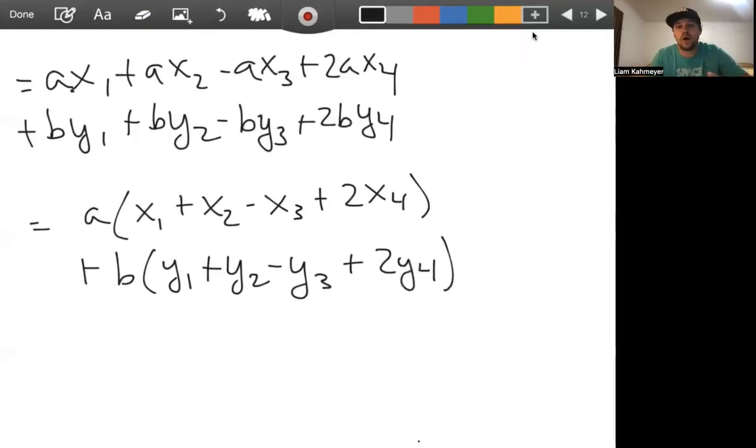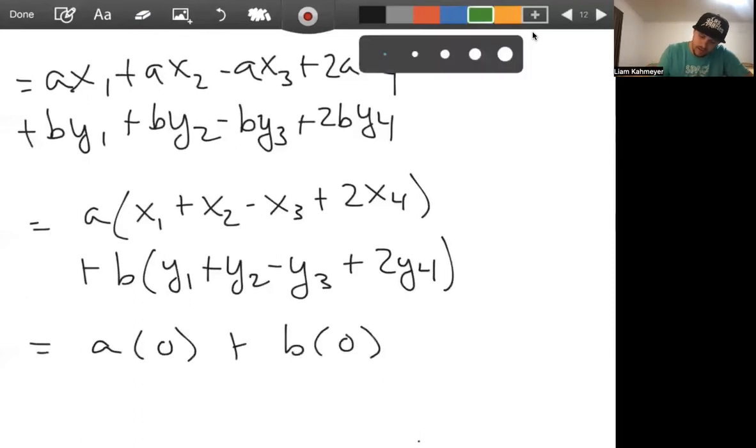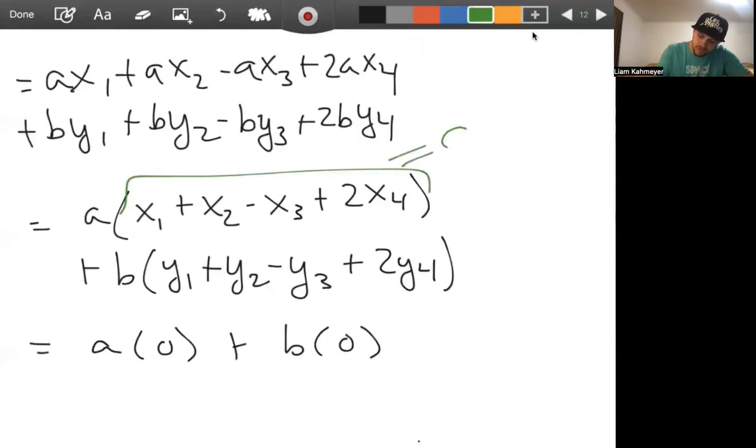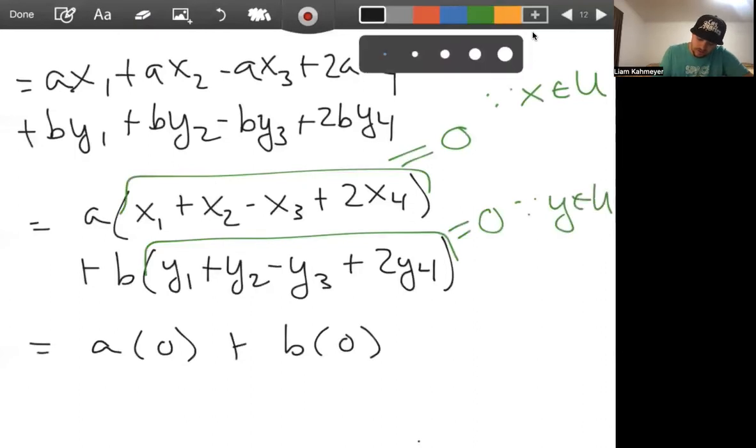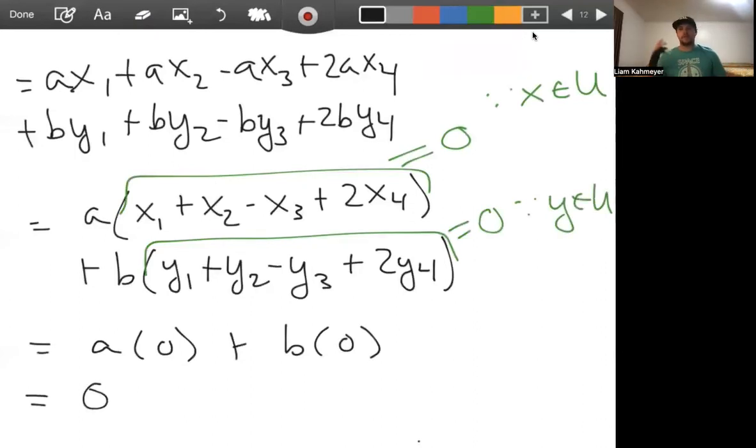However, x and y belong to the subset U. And if x and y belong to the subset U, this is equal to a times 0 plus b times 0. This whole thing being equal to 0 is since x is an element of U, and this whole thing being equal to 0 is since y is an element of U. And so this is equal to 0, which means we've satisfied the first equation.